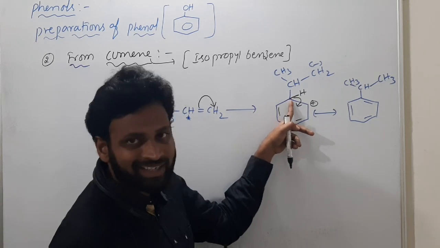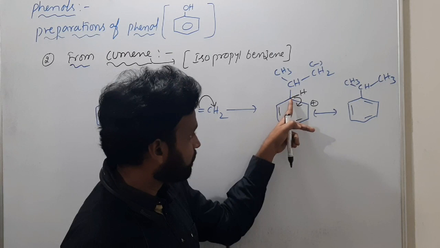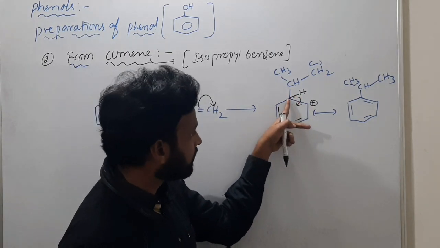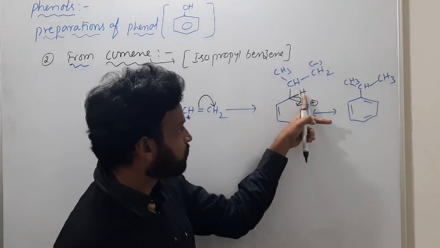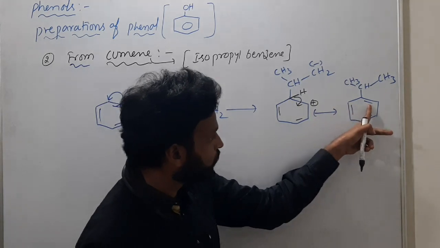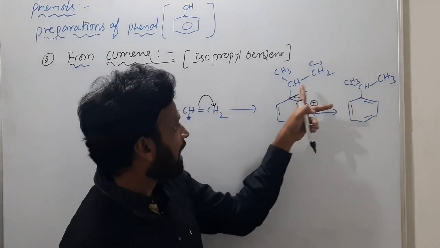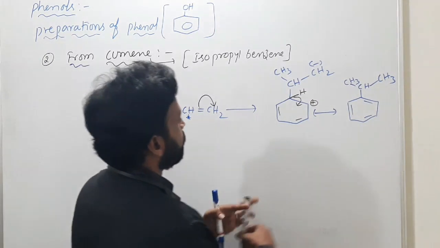Here you should generate charge. So to generate charge here, you must break this CH bond. Certainly when this CH bond is broken, here negative charge, because H plus will go. So C minus, here C plus, new pi bond here, and this hydrogen will go there, that's why CH3. This is called cumene.